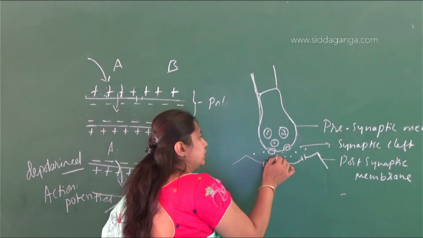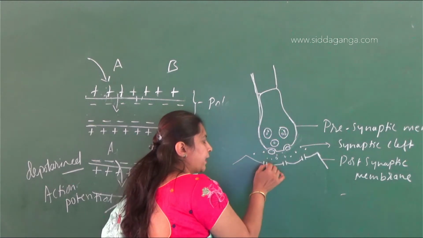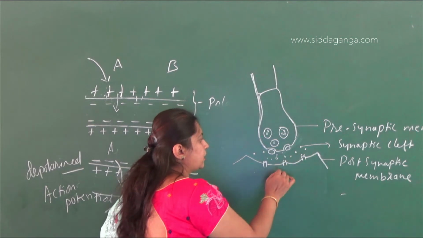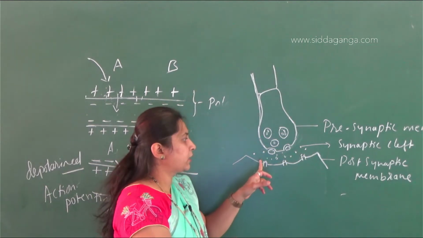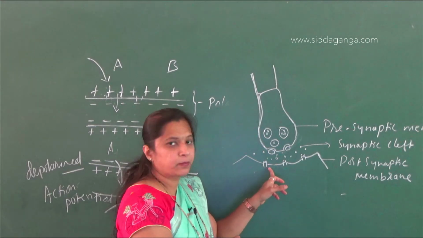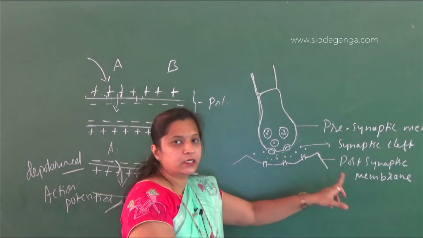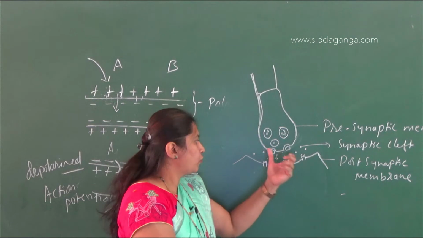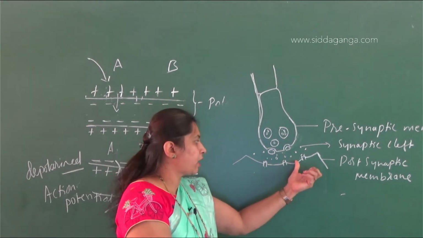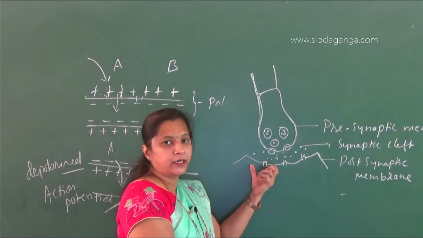Okay, so these neurotransmitters will bind to the receptors which are present on the postsynaptic membrane. So the receptor sites for neurotransmitters are present on the postsynaptic membrane. Once the neurotransmitter binds with the receptors on the postsynaptic neuron, ion gated channels open.